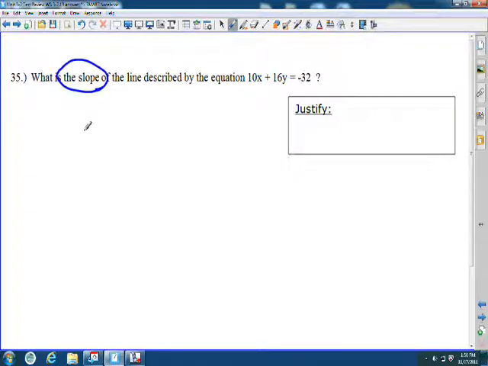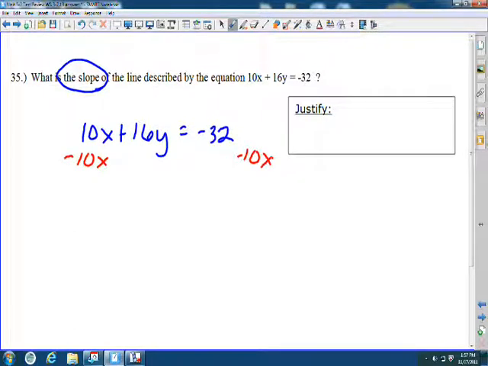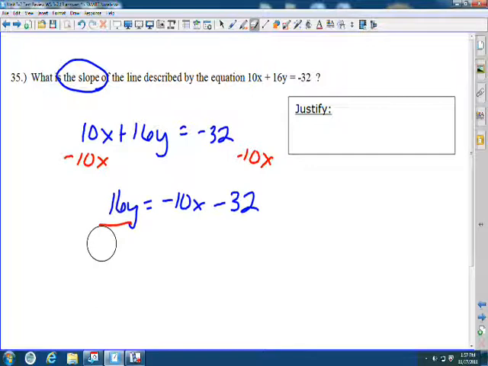Slope. I have 10x plus 16y equals negative 32. You need to subtract 10x from each side. I get 16y equals negative 10x minus 32. I'm going to divide by negative 10. Oh, not negative 10. I am losing my mind here. All right, divide by 16.